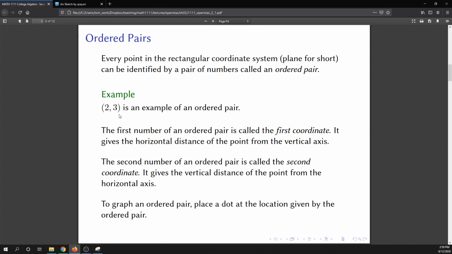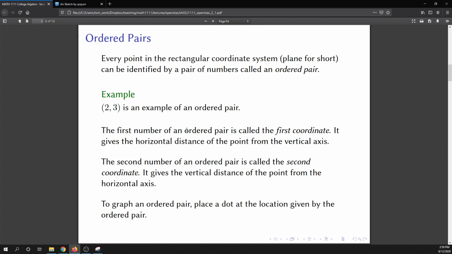Okay. So an ordered pair has two numbers. The first coordinate here usually gives the horizontal distance of the point from the vertical axis, like where the x coordinate is located on the horizontal number line. And the second coordinate, this second number here, 3 in this example, gives the location on the vertical axis.